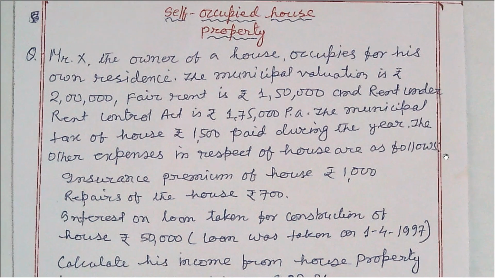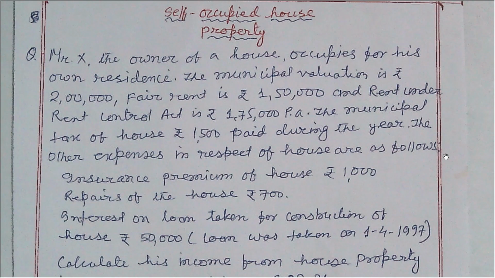So based on today's topic, self-occupied house property, I have taken one problem to see how it is different from income from house property which is let out. This is a self-occupied house property problem.